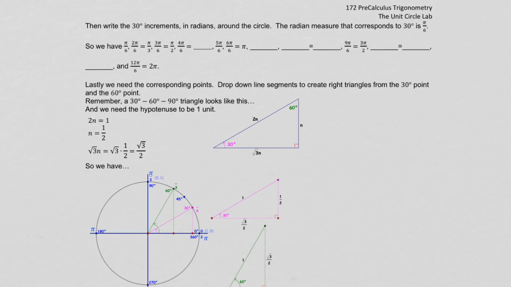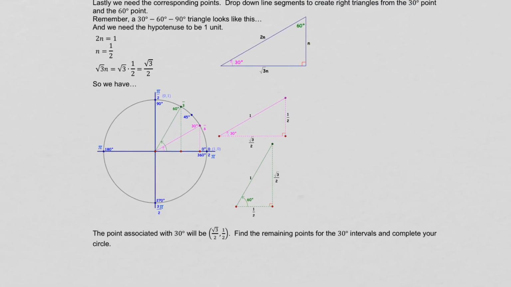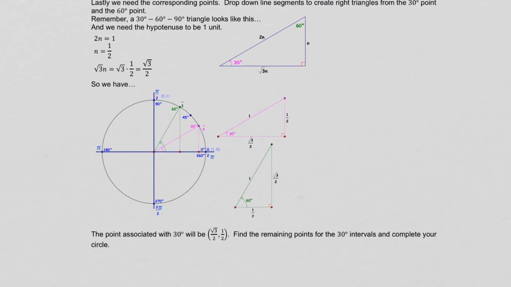Okay, and then the last part, we have to find the points for each of those. So if we look at a 30, 60, 90 triangle, where the radius is 1, so this one here, then opposite the 30 degrees is 1/2, and opposite the 60 degrees is root 3 over 2.